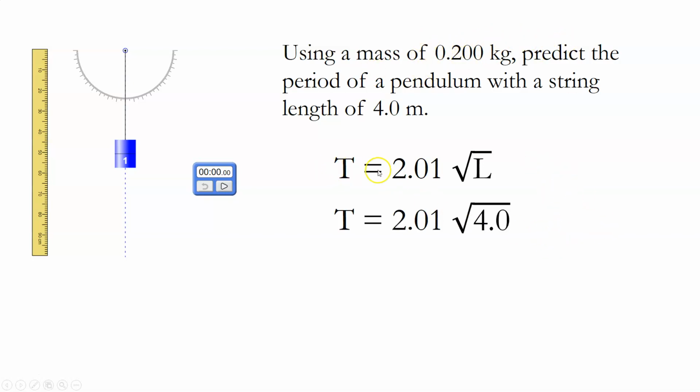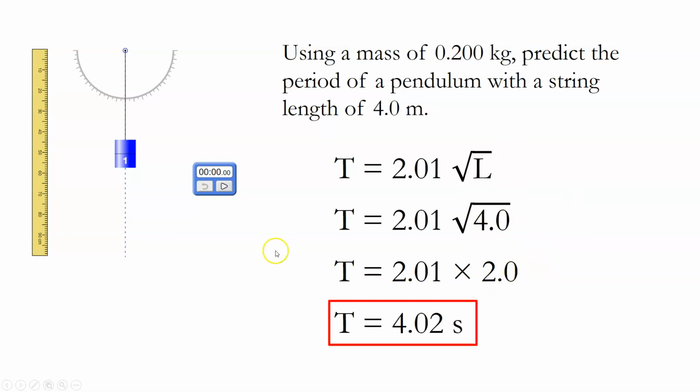But what we can do is use this expression, which we will ask you to do in the coming week or so, and we can plug in our value of L. I'm not going to deal with the units either. This would be length in meters, and this would be period in seconds. So if I put in 4 there, obviously that simplifies. The square root of 4 is 2, and the period of a pendulum is 4.02 seconds.